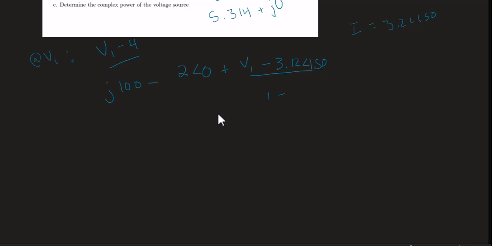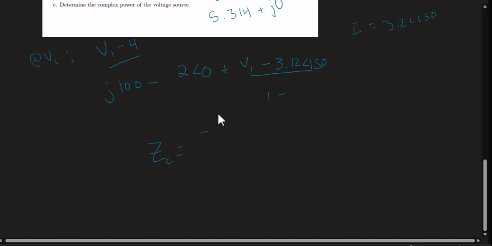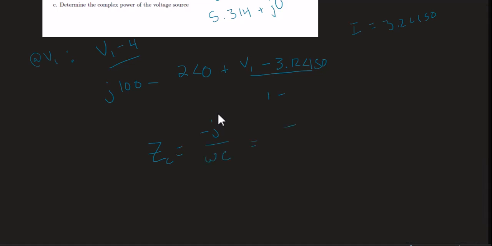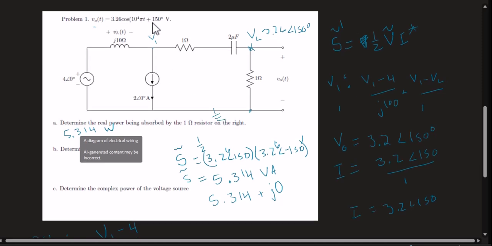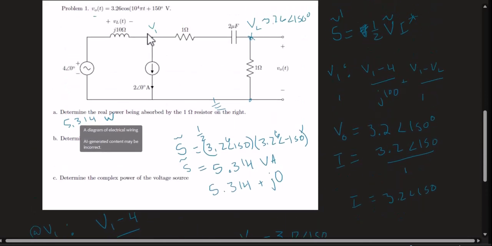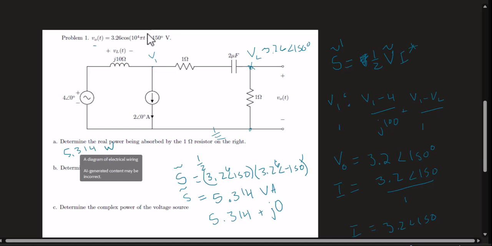So a capacitor has ZC equals minus J over omega C. So this is minus J over omega. We get that from our voltage up here, which is 10 to the 4th pi. So you find omega as the coefficient of t.